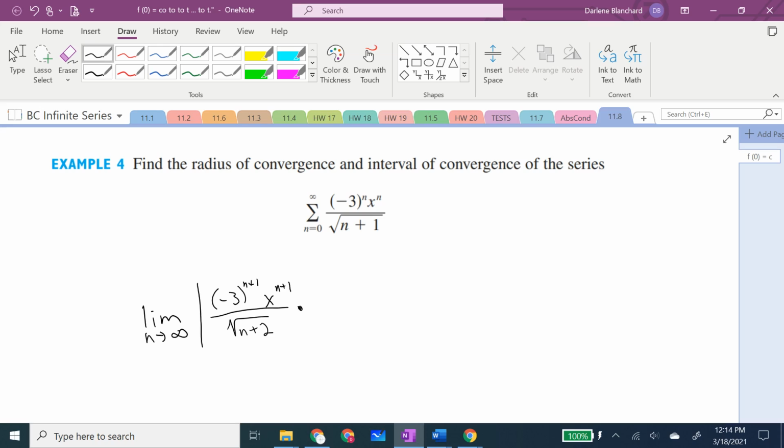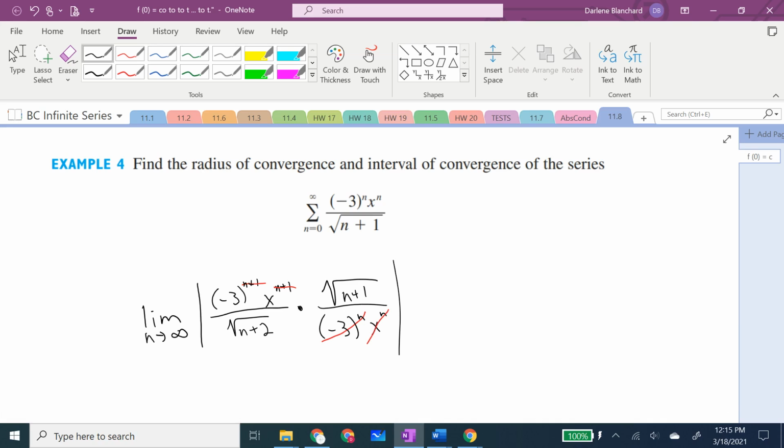It's valuable. All right, I plugged in n plus 1. Then I multiply by the reciprocal of the formula, and I see what cancels. I'm going to go a little bit quicker at this point because I think you're starting to see a lot of it. The -3, I'm left with 1 in the numerator. For the x's, I'm left with 1 in the numerator.